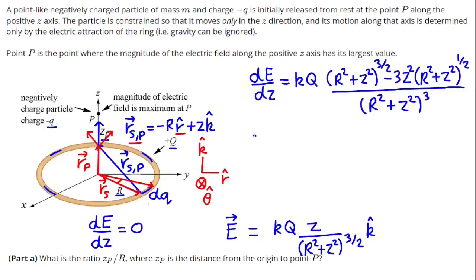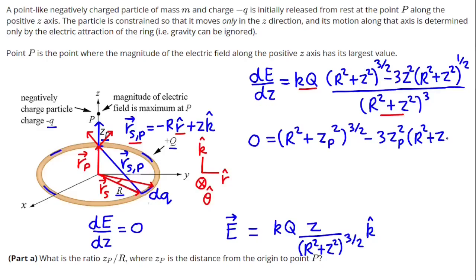Setting the derivative to 0, and then multiplying through by this term and dividing through by this term, we end up with the numerator being r squared plus z_P squared, where the electric field is maximum, to the 3 on 2, minus 3 z_P squared times r squared plus z_P squared to the 1/2.